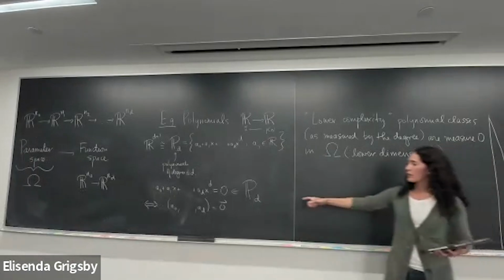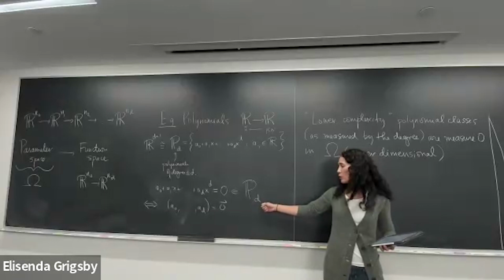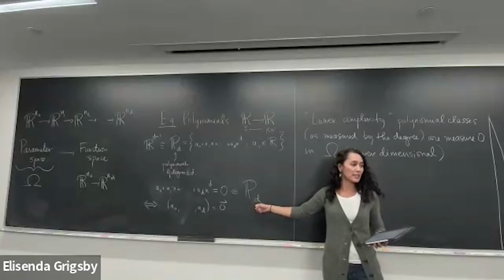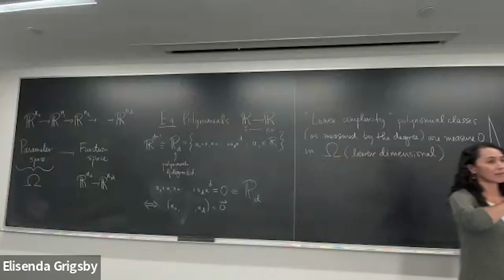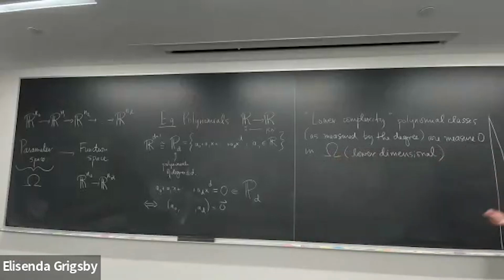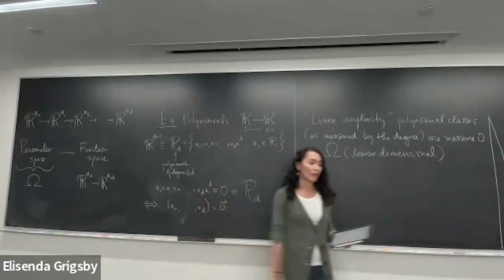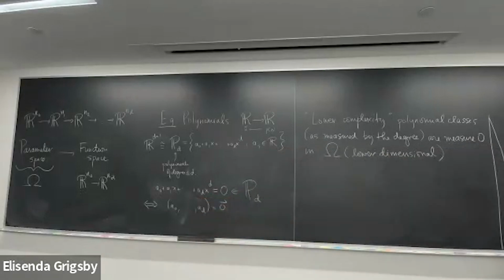So polynomials of degree at most D minus 1 sit inside polynomials of degree at most D as a linear subspace, the space where the last coordinate is 0. These are all things that you're probably familiar with.